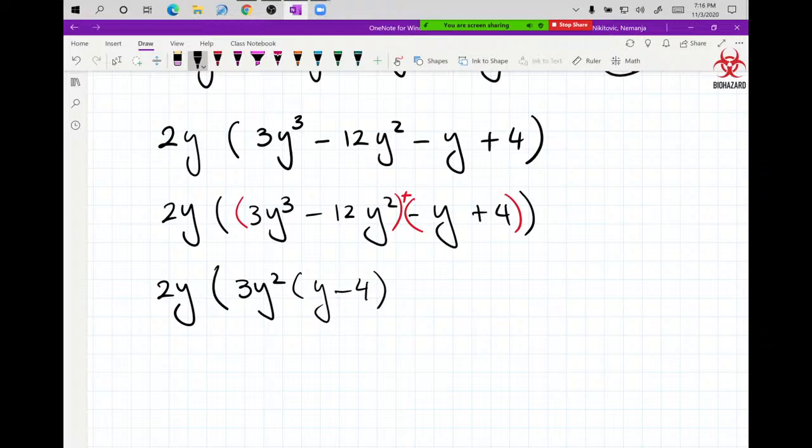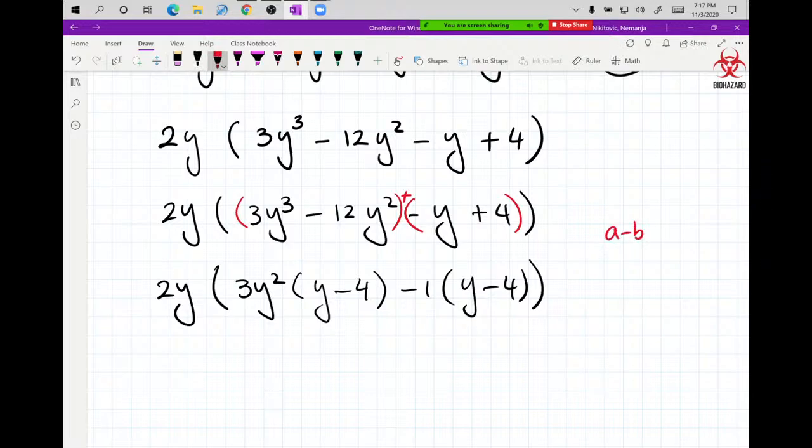And now this is like a $1 million step. Look, you have y minus 4, but the other parenthesis is minus y plus 4. It's backwards. Now you fix the backwards parenthesis when you kick out minus 1. Then you get y minus 4. That is the step that a lot of people unfortunately don't know.